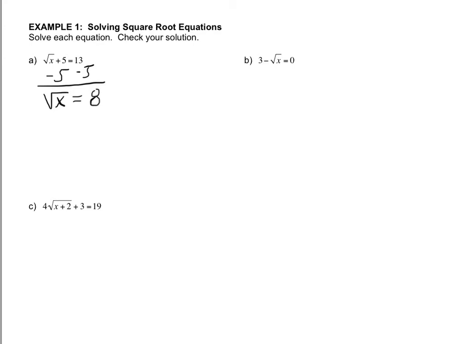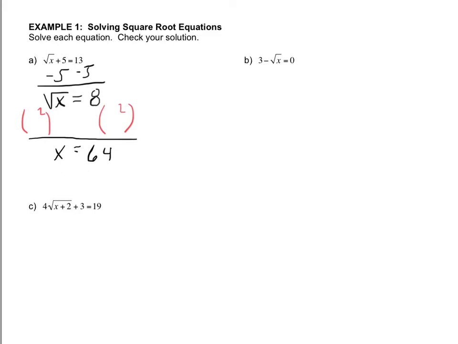Now we have to get the x out from underneath the radical sign. So what we're going to do is square everything on both sides. By squaring the left-hand side, the square root of x squared leaves me with what is underneath the radical sign, or just the radicand. And on the other side, when I take 8 and square it, I get 64.